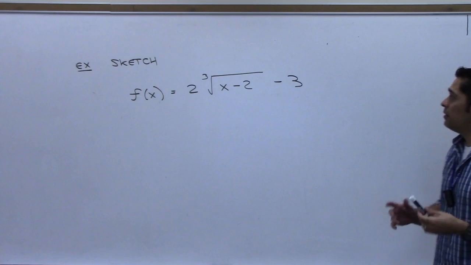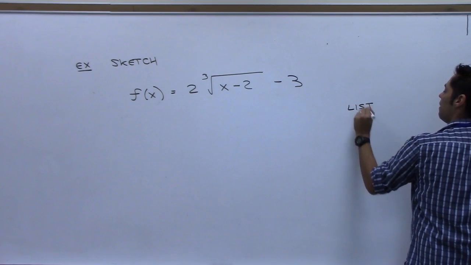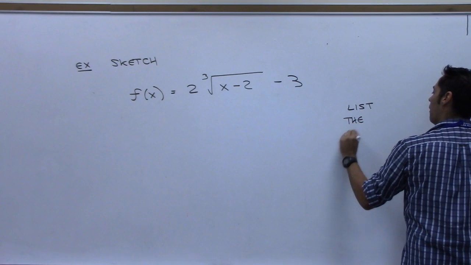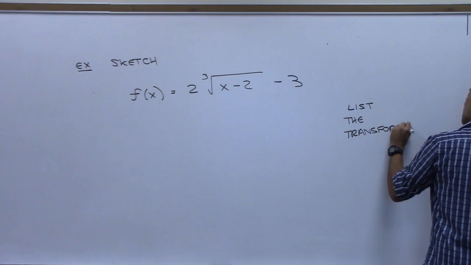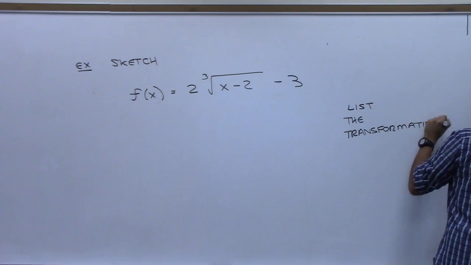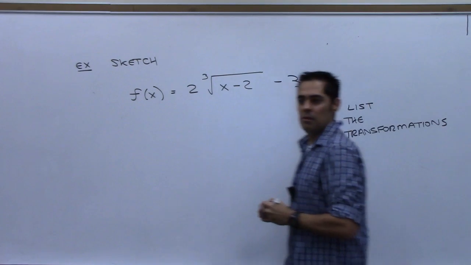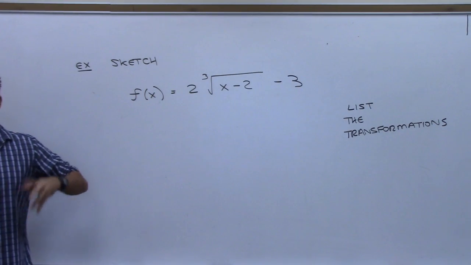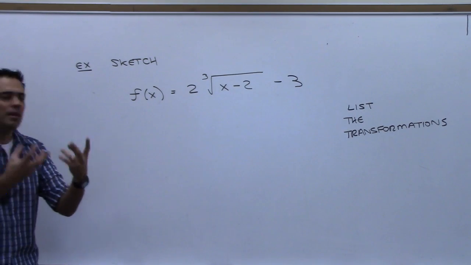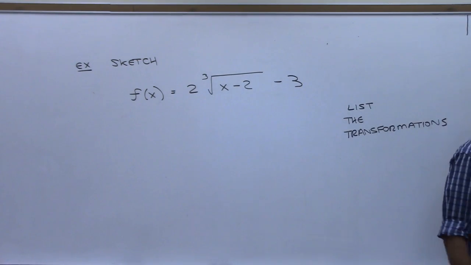And if you're having trouble sketching it, at least do this: list the transformations. In other words, even if you can't draw it, tell me what sorts of things are going to happen. Like it's going to move this way by this much, and try and give me verbally or a list describing what's going to happen.